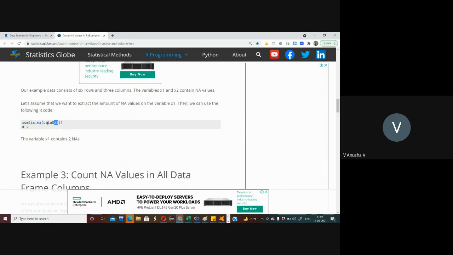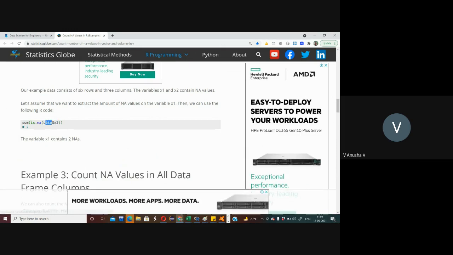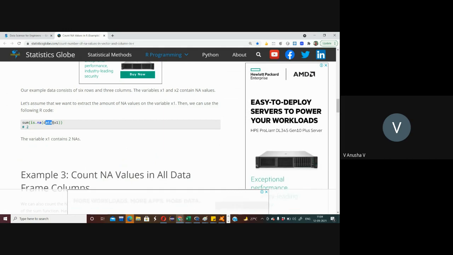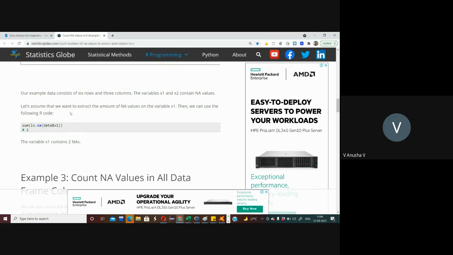That's why I'm writing data$x1, because to access a column of the data frame you have to use the dollar sign. Here I want to count the total number of missing values present in the first column, so you'll be getting 2 as the output. In this way, you can similarly do it for the x2 column and x3 column.